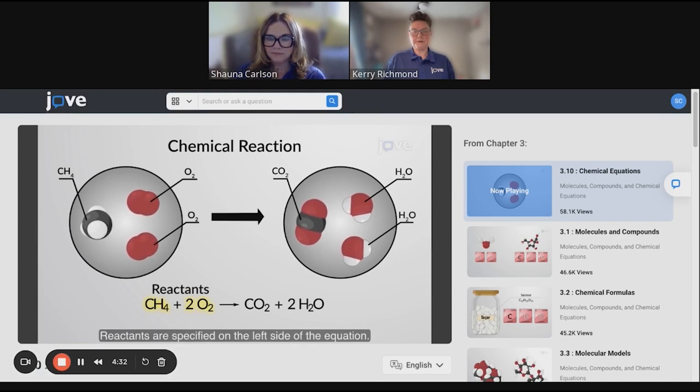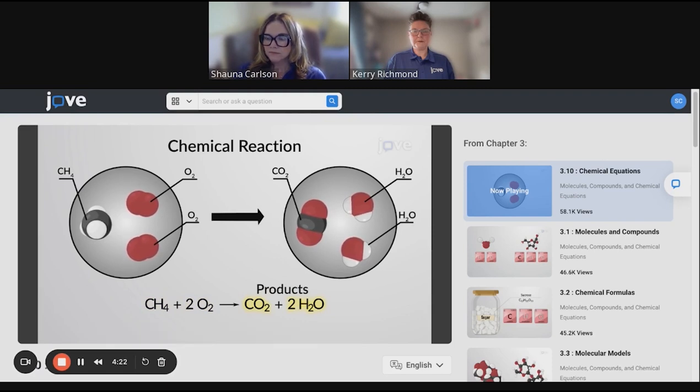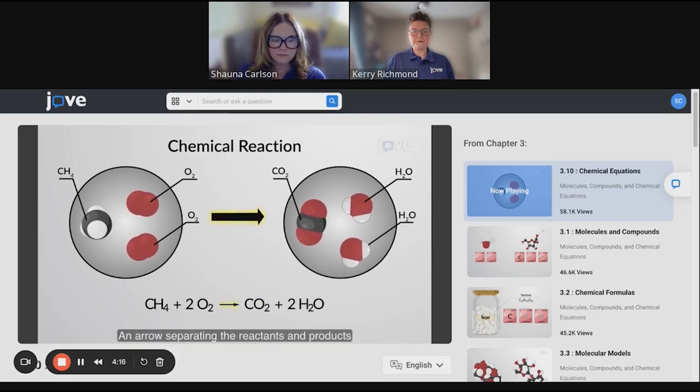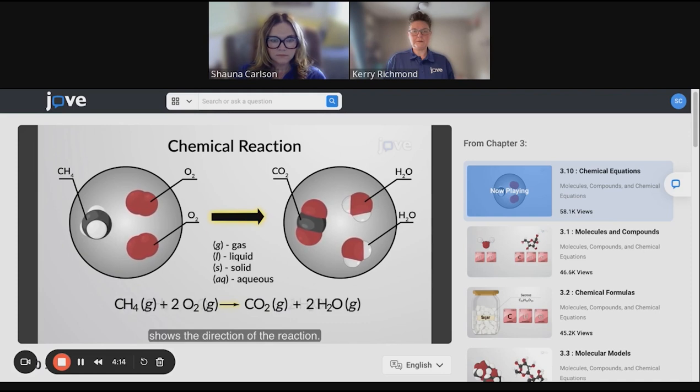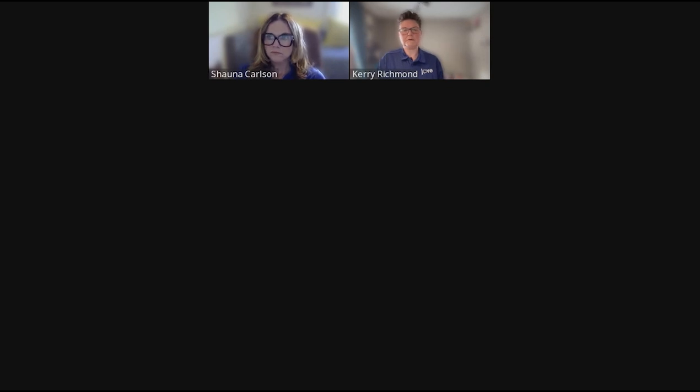Reactants are specified on the left side of the equation. The substances formed during the reaction are called products and are indicated on the right side of the equation. An arrow separating the reactants and products shows the direction of the reaction. The different states of matter are depicted using parenthesized abbreviations.